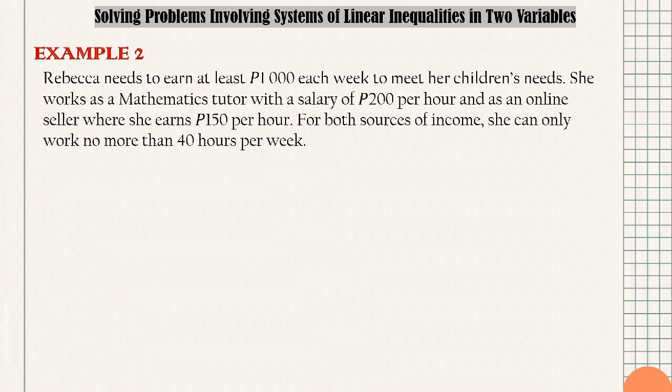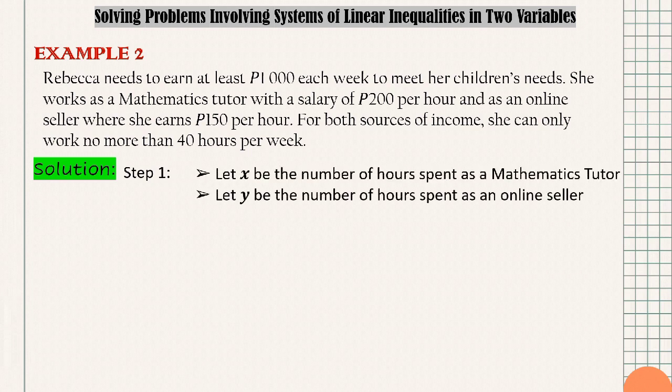So the first step is to identify the important parts of the problem. We have the number of hours spent as a mathematics tutor and the number of hours spent as an online seller. Let x be the number of hours spent as a mathematics tutor and let y be the number of hours spent as an online seller.